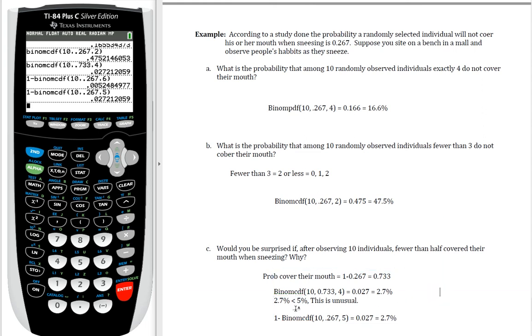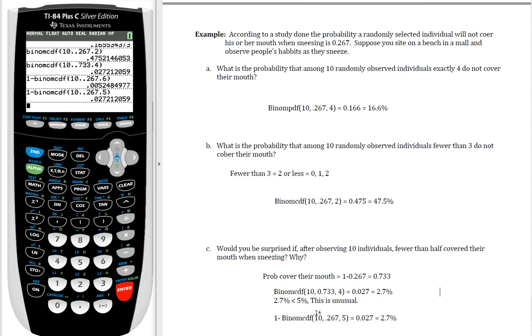Notice what I did in that second one. I was considering, okay, well, fewer than half covering their mouth. What does that mean for those that didn't cover their mouth? Well, if fewer than half cover their mouth, then more than half didn't cover their mouth. So I want to find the likelihood that more than half, which means 6, 7, 8, 9, or 10 of those 10 individuals did not cover their mouth.